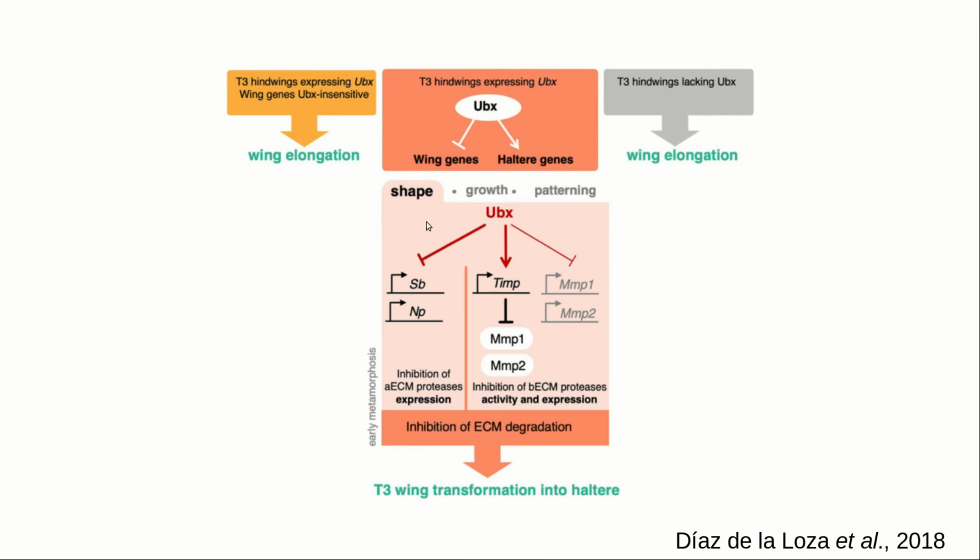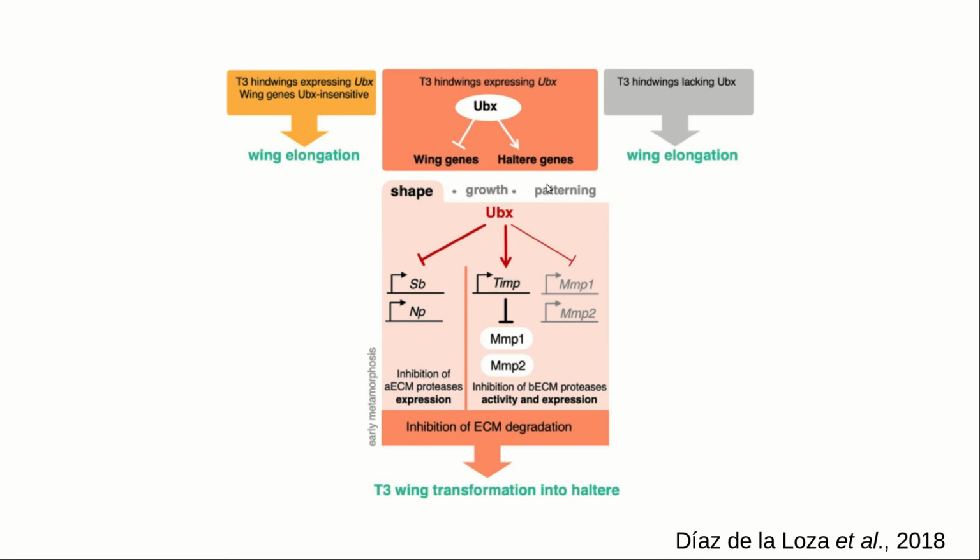So it is repressing stubble and notopleural, and Ultrabithorax is activating TIMP and in turn repressing MMP1 and MMP2, therefore preventing the extracellular matrix degradation, which does not allow the haltere to develop into a wing because it's mechanically constraining it.